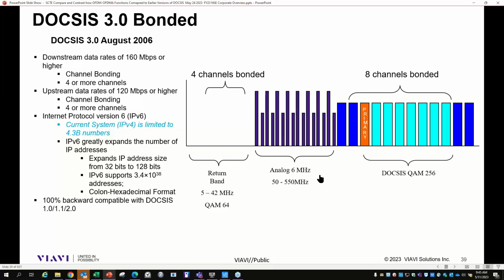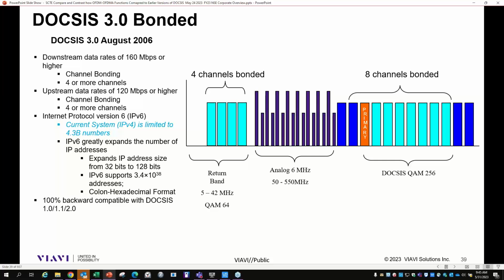This is really what changed, not only the technology, but it also meant all our tools had to continue to change in order to verify all of these different services, right? So bonding on the downstream, bonding on the upstream capability.